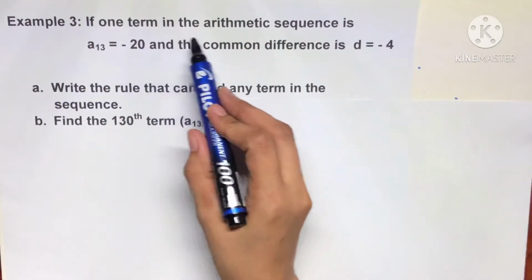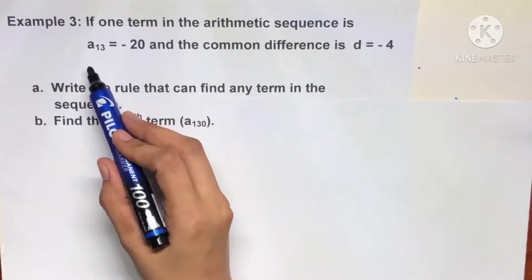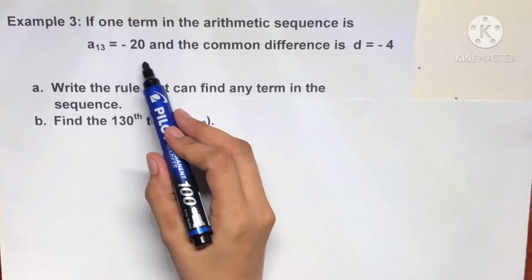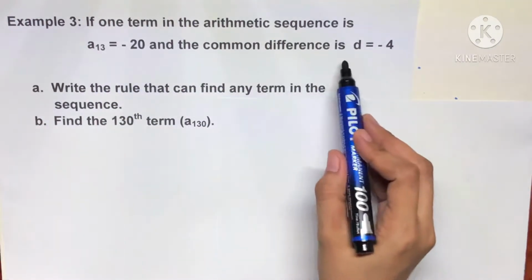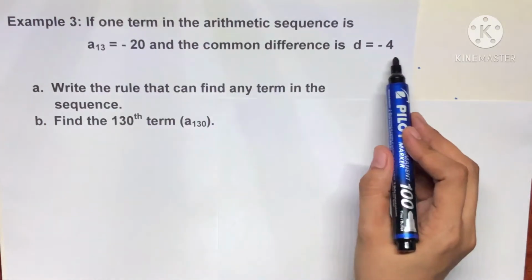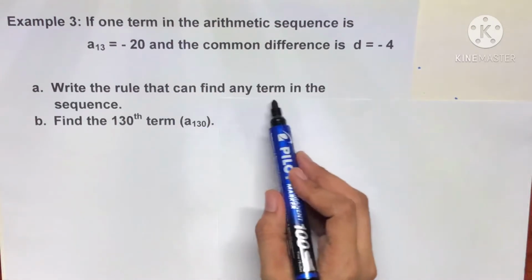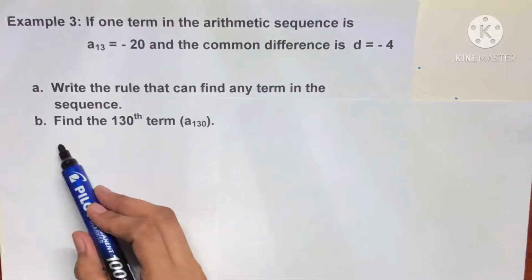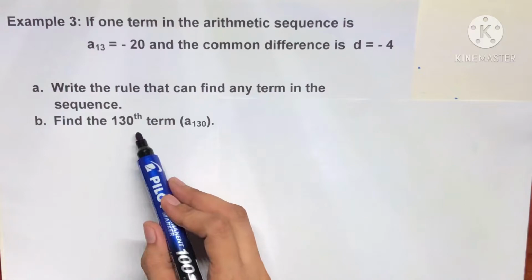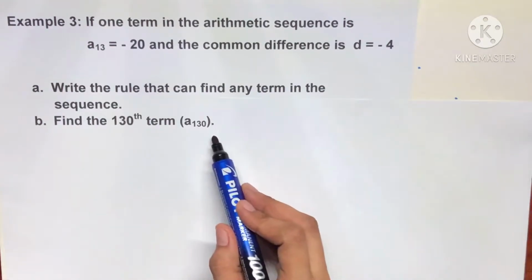If one term in the arithmetic sequence is a sub 13 equals negative 20 and the common difference is d equals negative 4. So letter A, you have to write the rule that can find any term in the sequence, and letter B, find the 130th term or a sub 130.